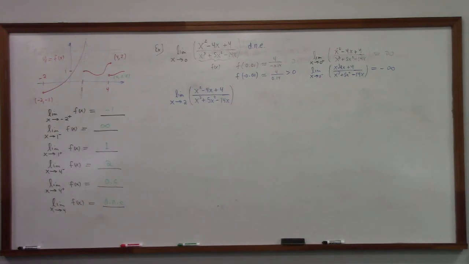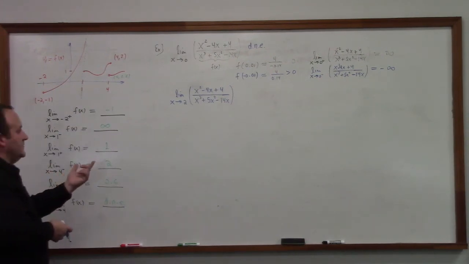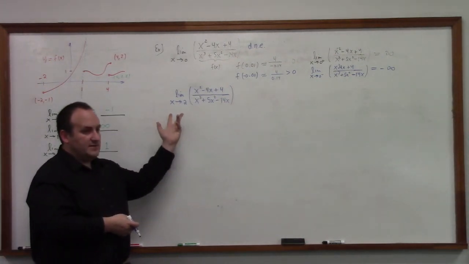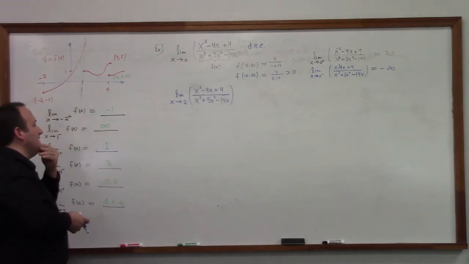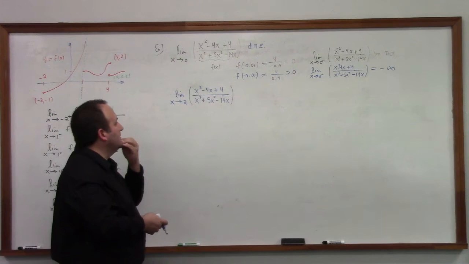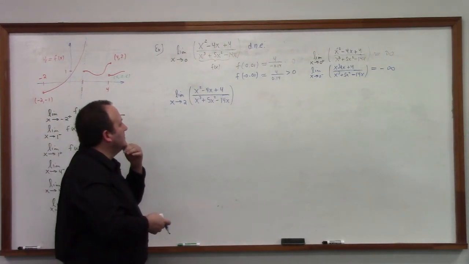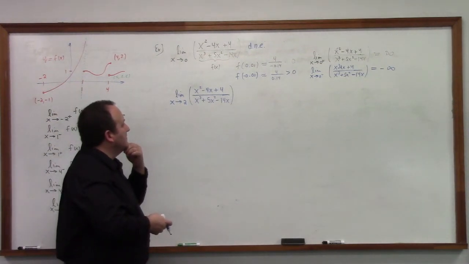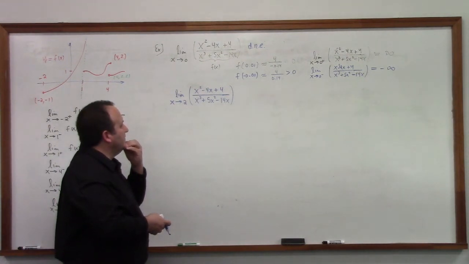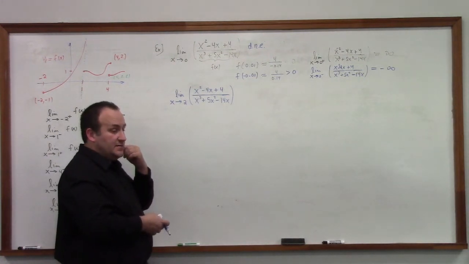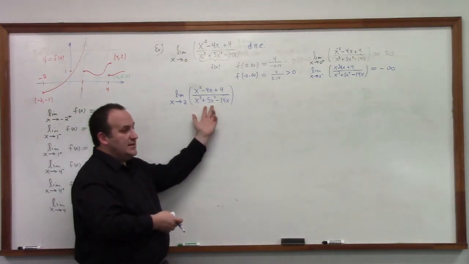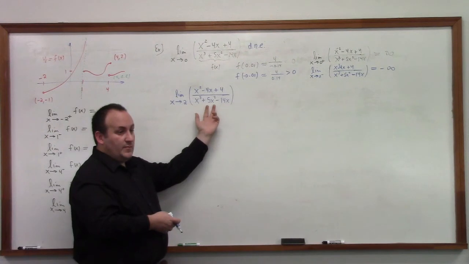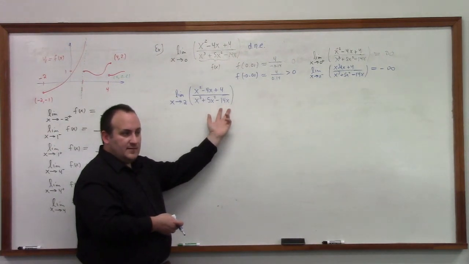In this one, x goes to 2, right? What happens when we plug in 2? I get 4 minus 8 plus 4. I get 0 upstairs. What happens down here? 8 plus 20 minus 28. 0.